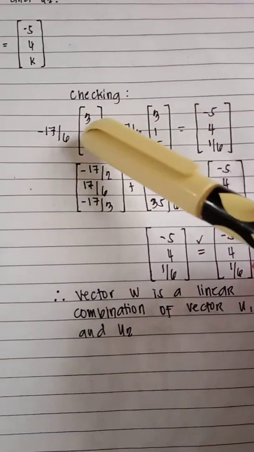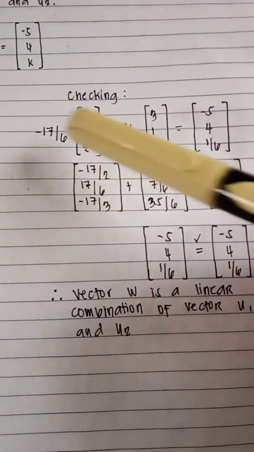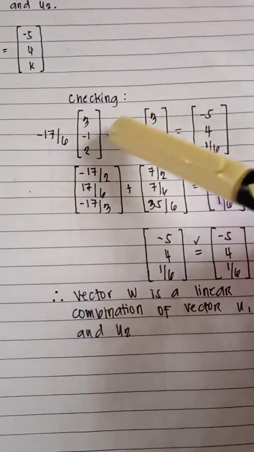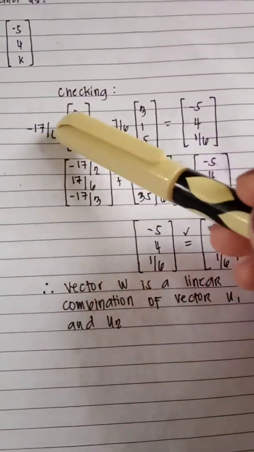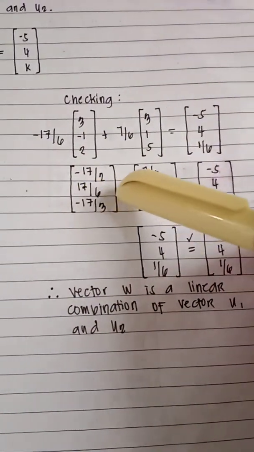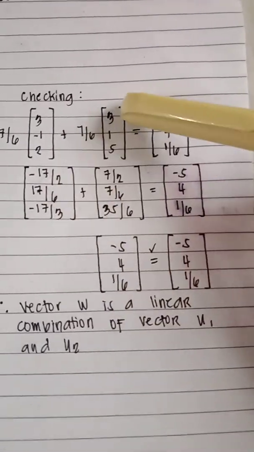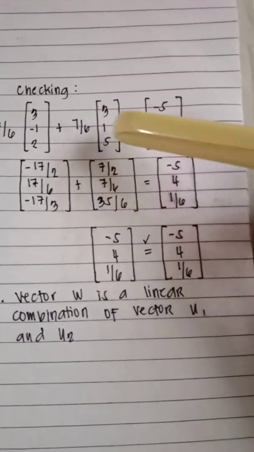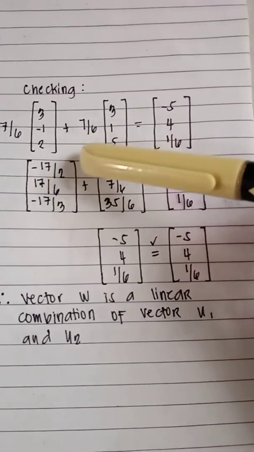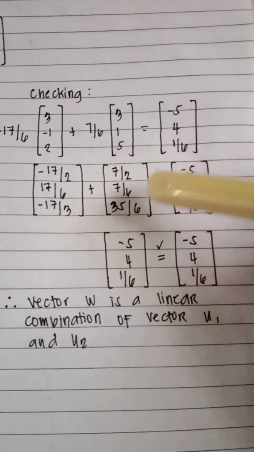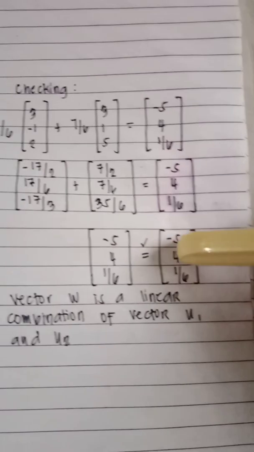Negative 17/6 times 3 is equal to negative 17/2. Negative 17/6 times negative 1 is equal to positive 17/6. Negative 17/6 times 2 is equal to negative 17/3. Plus, 7/6 times 3 is equal to 7/2. 7/6 times 1 is equal to 7/6. 7/6 times 5 is equal to 35/6. This is equal to (-5, 4, 1/6).